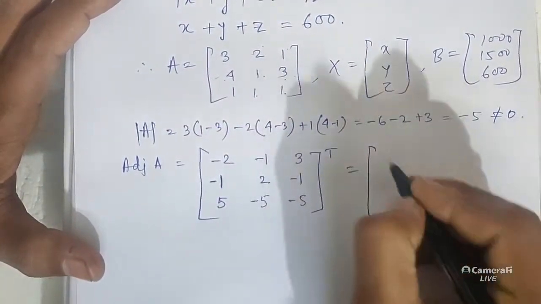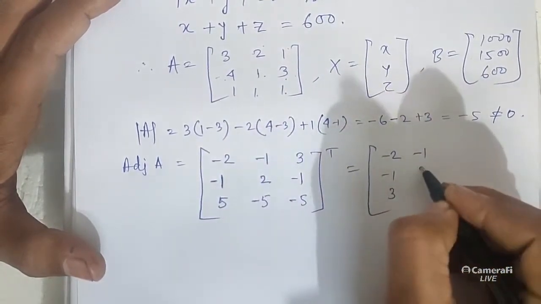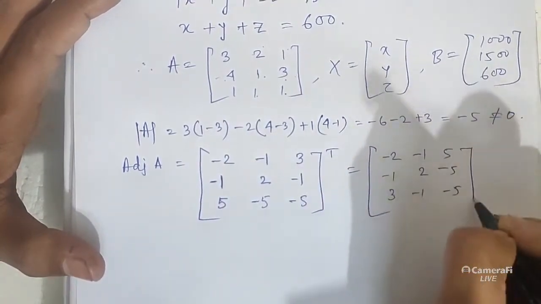Transpose of this: minus 2, minus 1, 3, minus 1, 2, minus 1, 5, minus 5, minus 5. This is adjoint A.